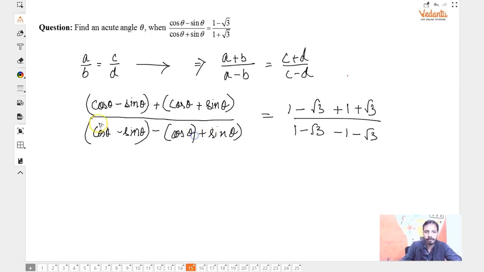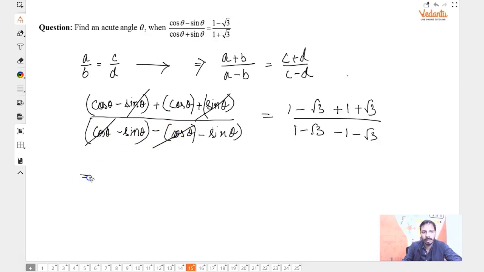So here also this will become minus, right? Now this will remain plus. So this sin and this will get cancelled, and here this cos and this will get cancelled.